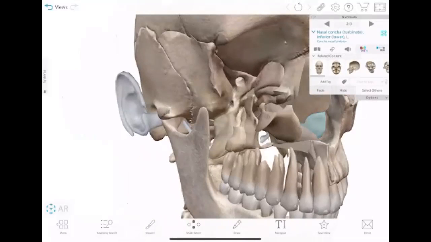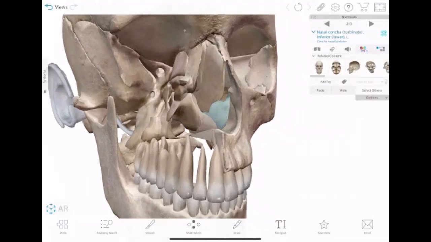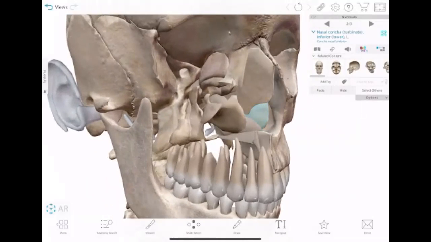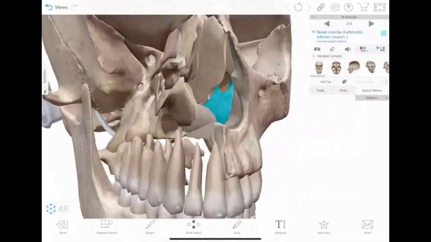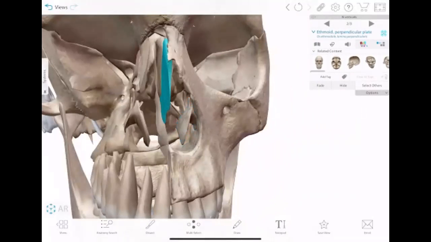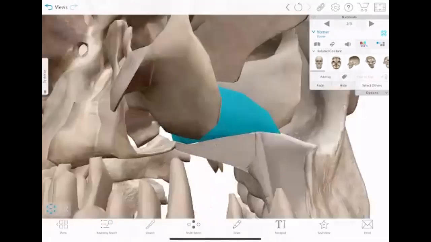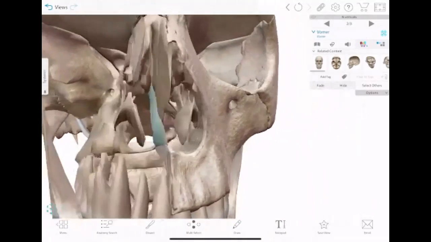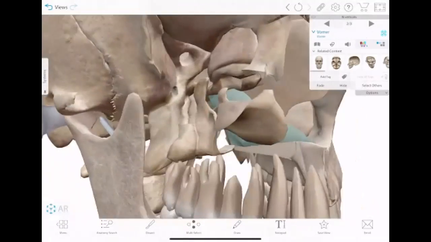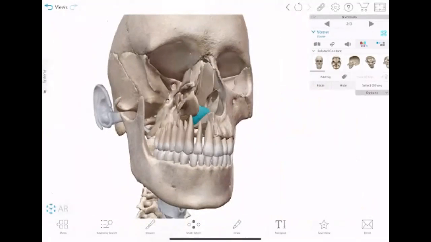I removed one part of the face so that you can appreciate it clearly. This is the vomer bone, which forms within the nose, and the mandible.